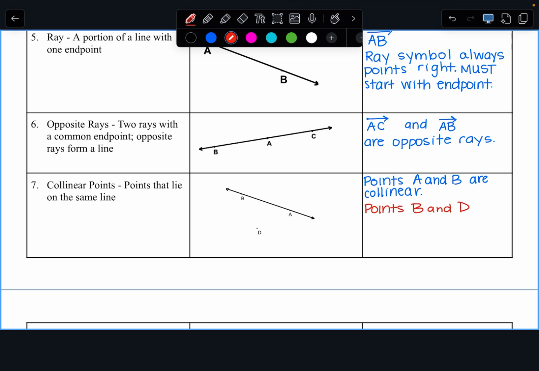So points B and D and A and D are also collinear because they form a line.